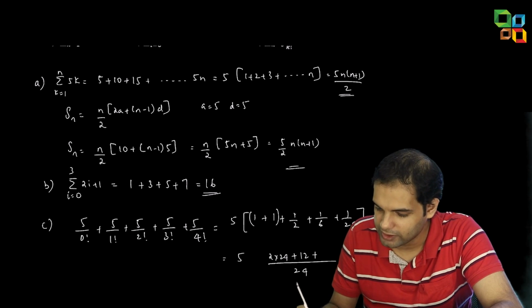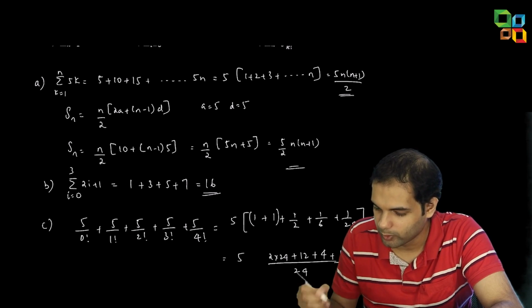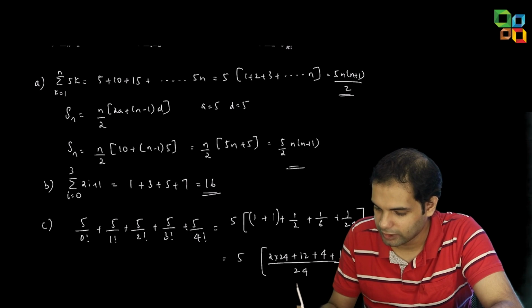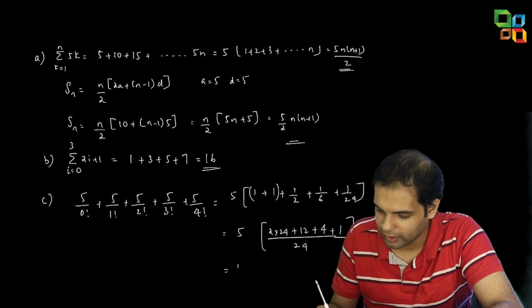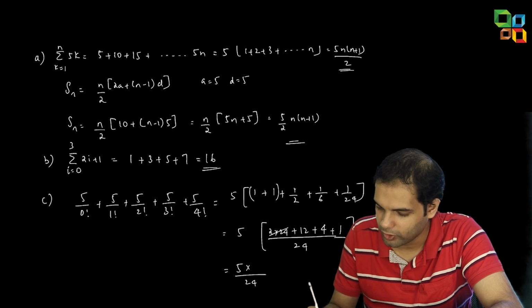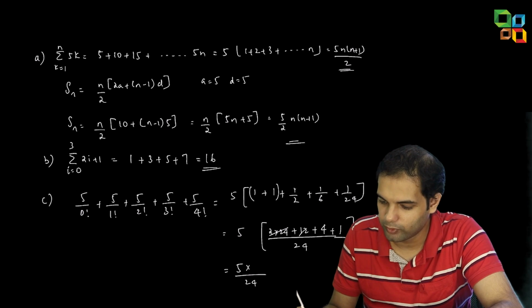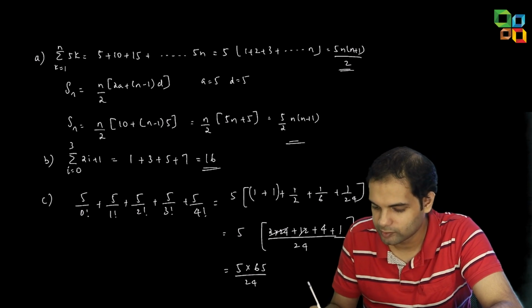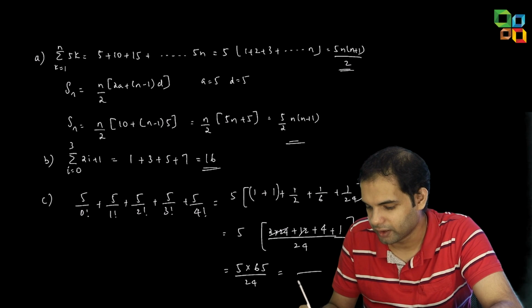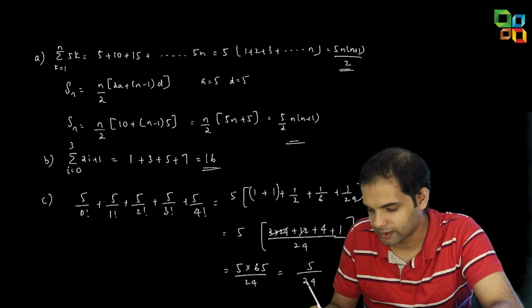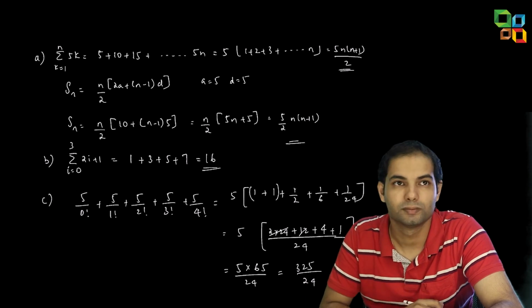Just taking the LCM, 6 into 4 and 24 into 1. This is the simplification we can do. So the denominator is 24, and phi into this sum: this is 48, 48 plus 12 is 60, 60 plus 4 is 64, 65. If you want, you can still multiply and write it: 5 into 5, 25, 5 into 6, 30, 325. Fine.